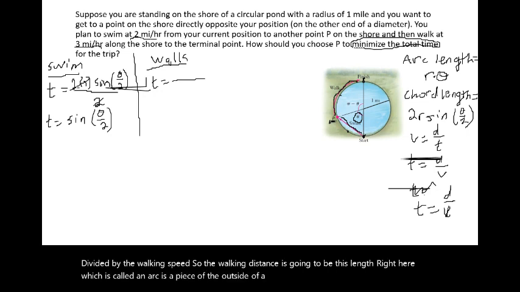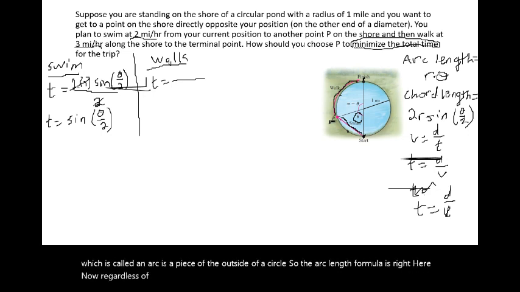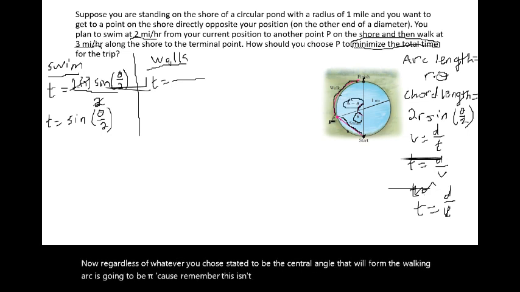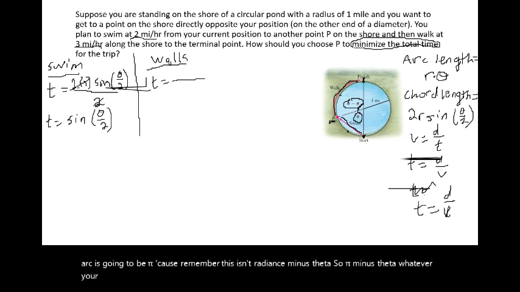So the arc length formula is right here. Now, regardless of whatever you chose theta to be, the central angle that will form the walking arc is going to be pi, because remember this is in radians, minus theta. So pi minus theta, whatever your theta ends up being, that is going to be the central angle that will form the arc that you are going to walk along.